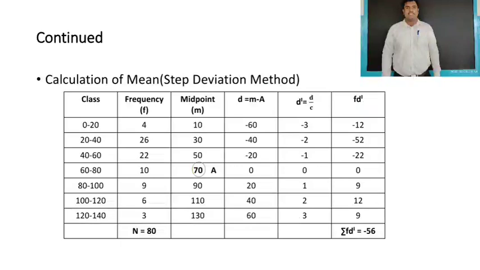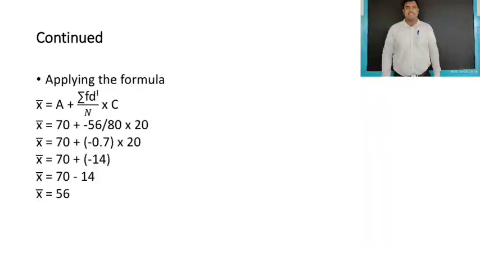In the final column, I multiply frequency with d dash to get f d dash and take the summation sigma f d dash. Now I'll apply the formula: mean is equal to a plus sigma f d dash divided by n into c. A is 70, plus sigma f d dash is minus 56, divided by n, which refers to the total of frequency, that is 80, into c, which refers to the class interval, that is 20. If I simplify, finally I get mean is equal to 56.